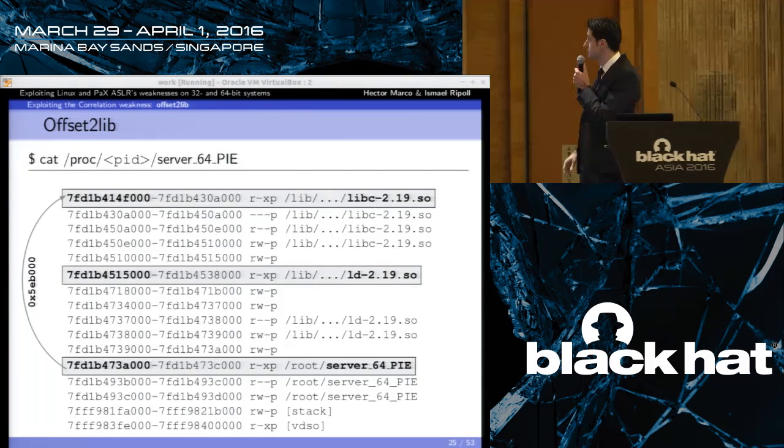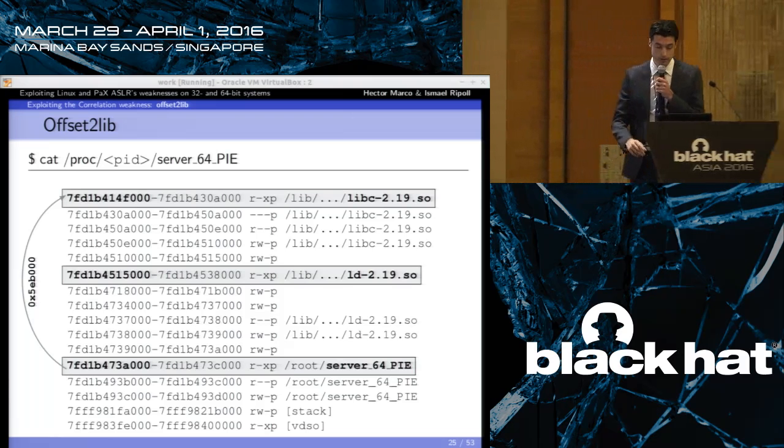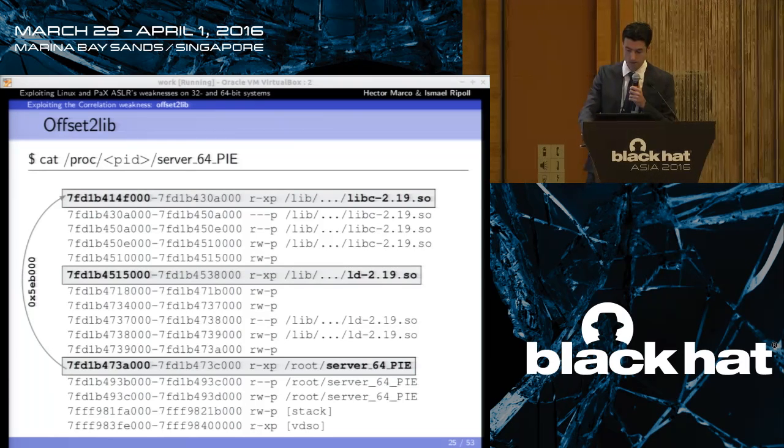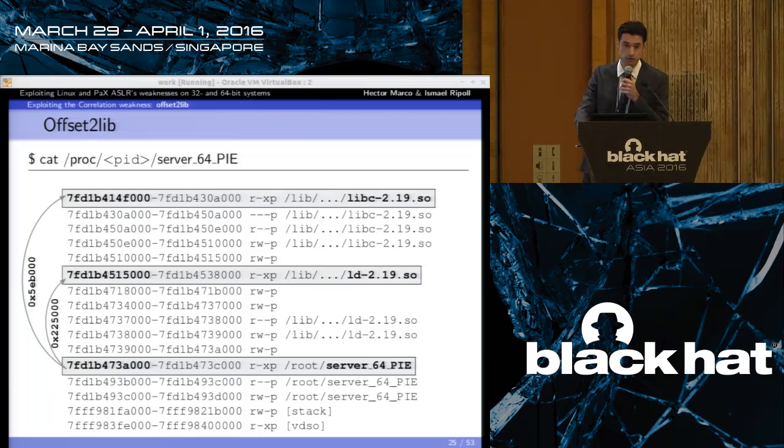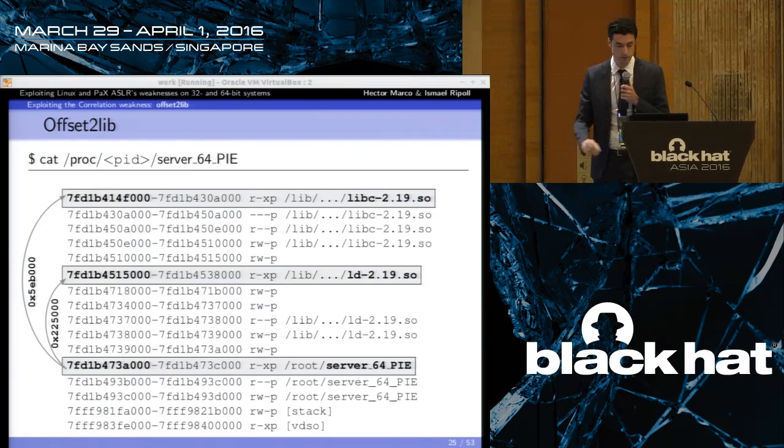So the distance between the executable and the library is constant, okay? The same for any other library, of course. So we name this invariant distance offset to lib, okay?